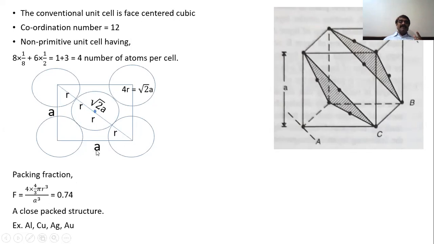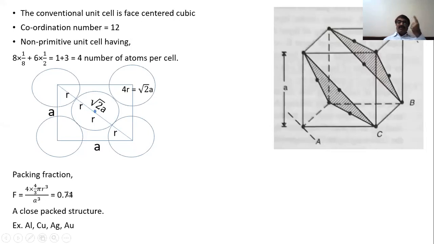It has length and breadth a, so it is a cube, and the volume of the unit cell is a cube. If you put root 2a equal to 4r, that means a equal to 4r upon root 2, and you solve it, you will find that it is equal to 0.74. So coordination number 12 and 0.74.